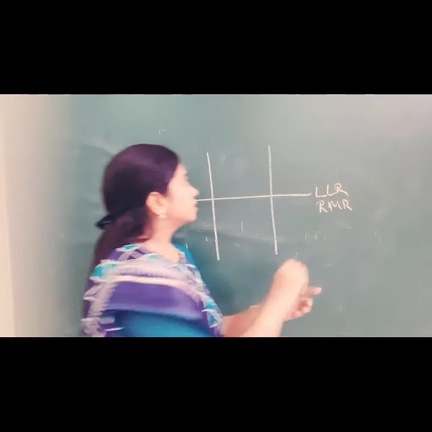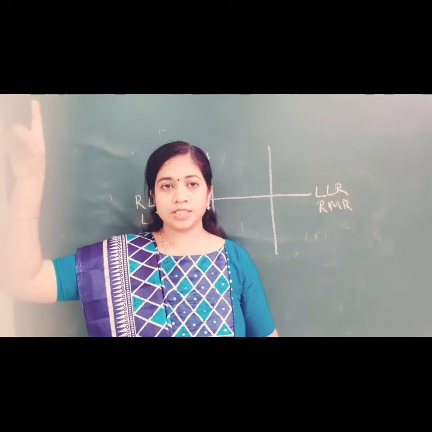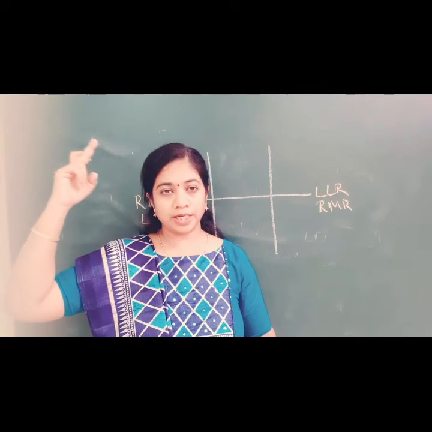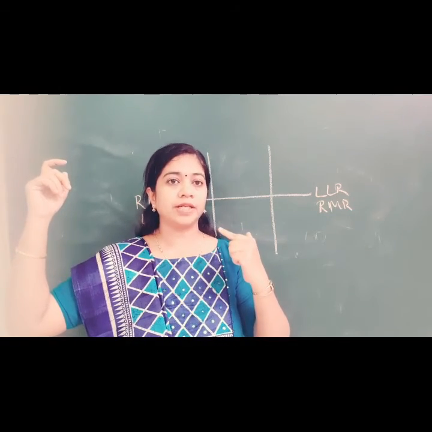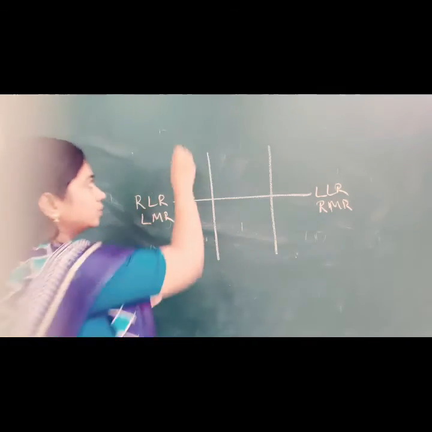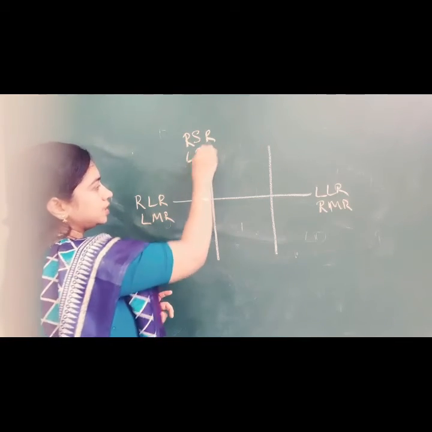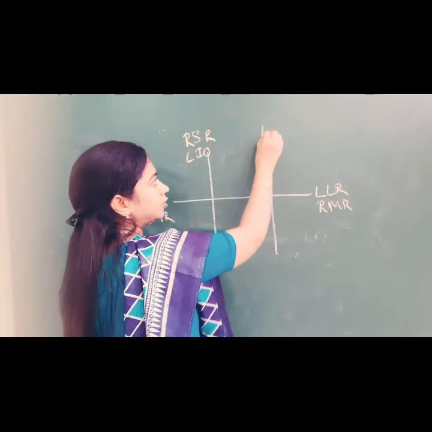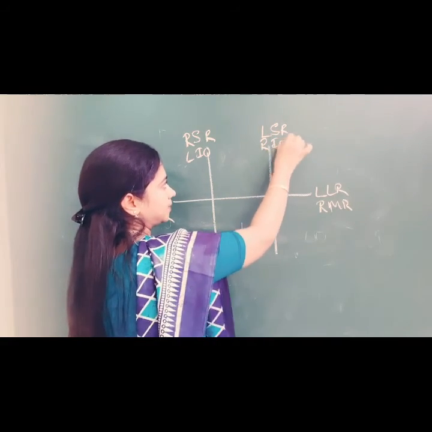In this dextroelevation position, my right eye superior rectus is contracting. Along with that, the yoke muscle for that is the inferior oblique of the left eye. So right superior rectus and left inferior oblique muscle. Similarly here there will be left superior rectus and right inferior oblique muscle.